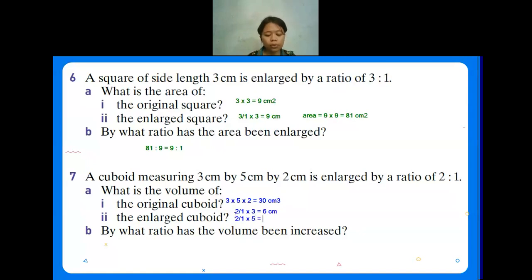Let me write it first, maybe someone gets confused. After we find all the dimensions, now we can find the volume, which is 6 times 10 times 4, which equals 240 centimeter cube.